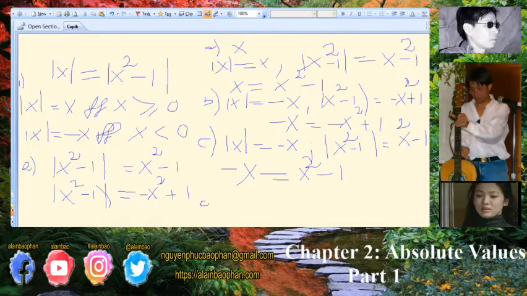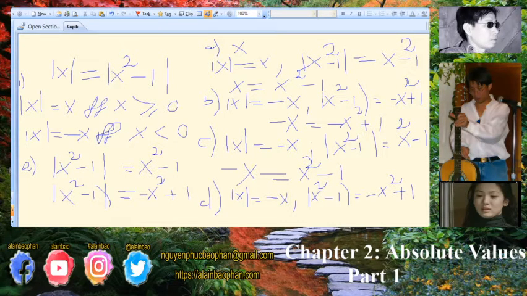And the last case, we will have absolute of x equal minus x and x squared minus 1 equal minus x squared plus 1.